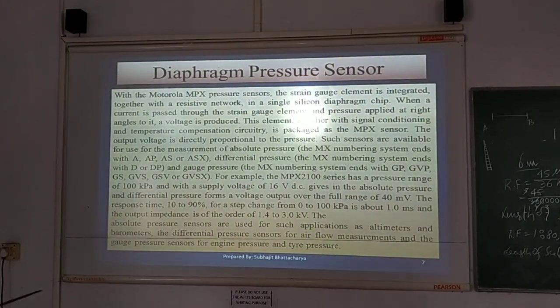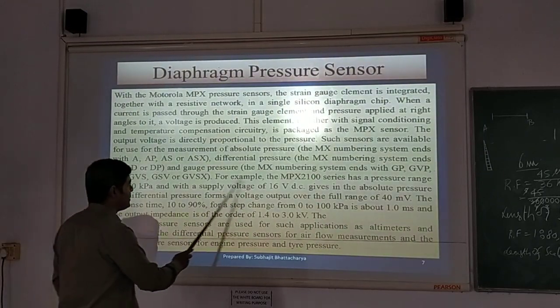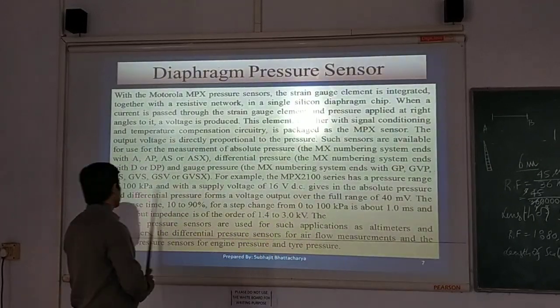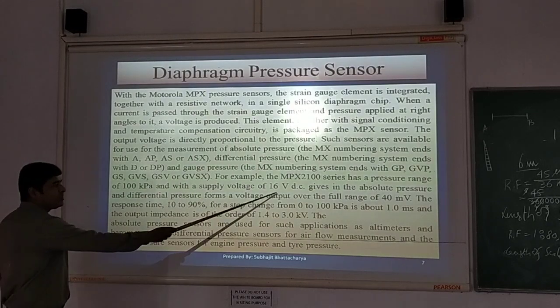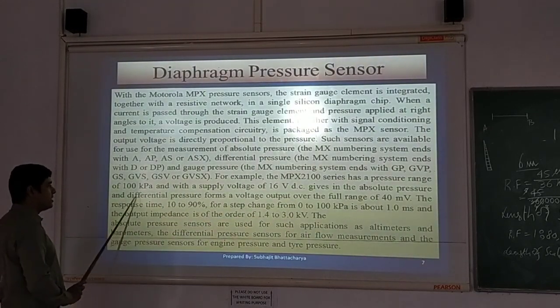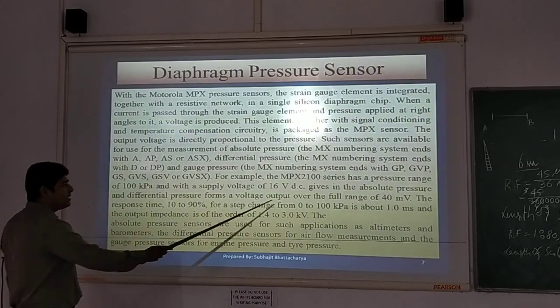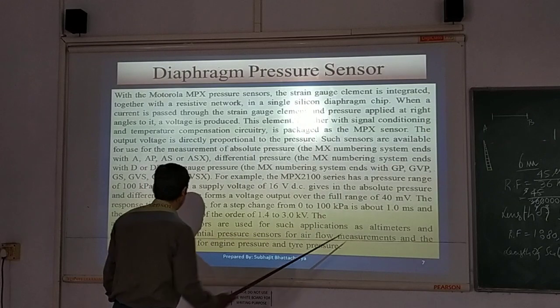Some commercially available pressure sensors are the MPX 2100 series, with a pressure range of 100 kilopascal and a supply voltage of 16 volt DC, with absolute and differential pressure forms, and a voltage output over the full range of 40 millivolt.